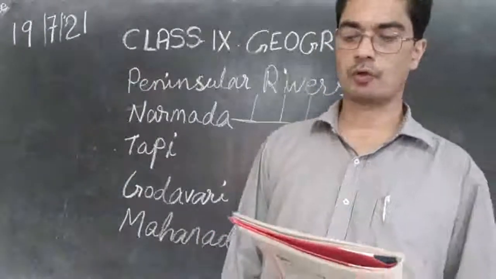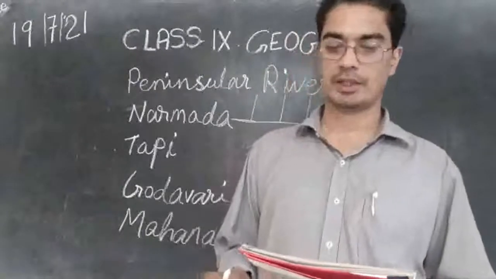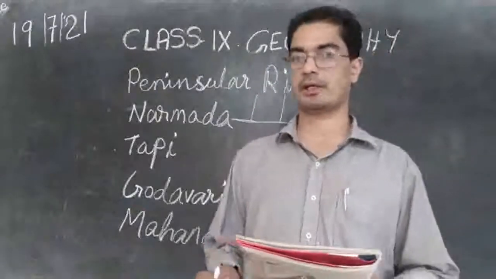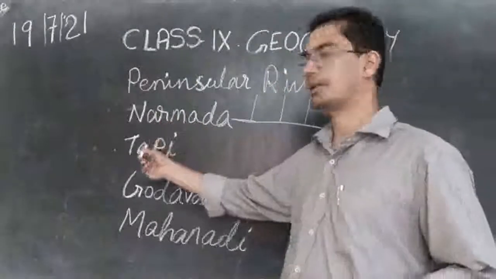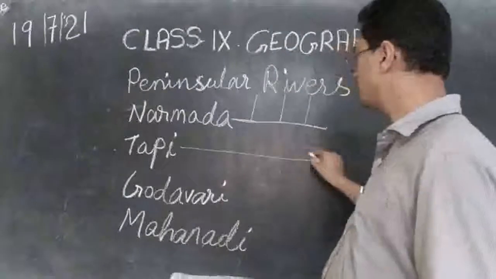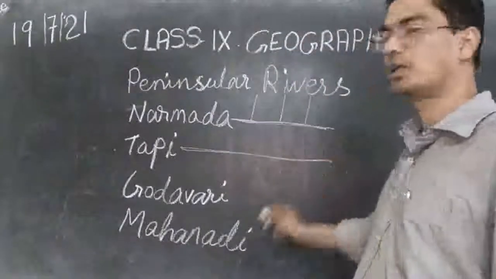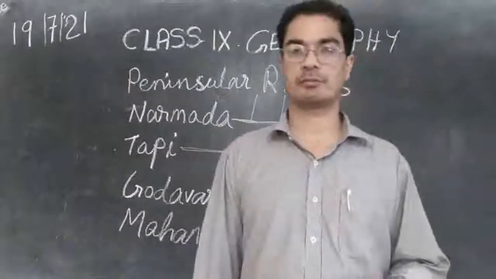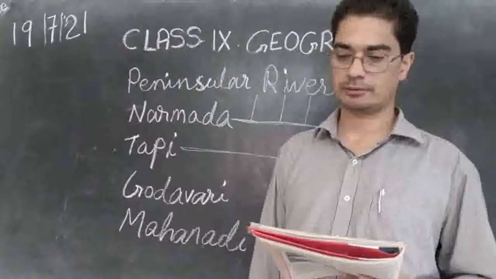Then it also flows in a rift valley parallel to Narmada, but it is much shorter in length. Sometimes the Narmada river and Tapi river are flowing in a parallel line. Narmada is flowing like this and Tapi is flowing in the same parallel line for some time. But Tapi is very short.